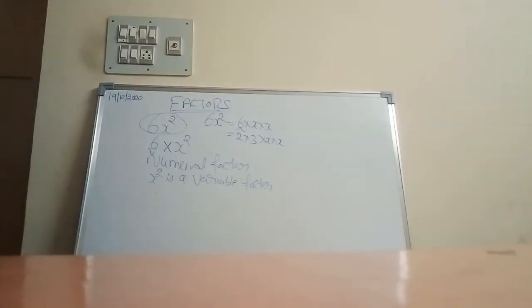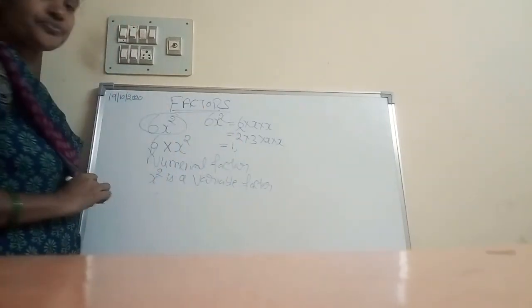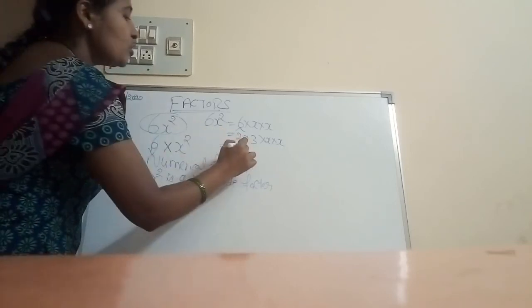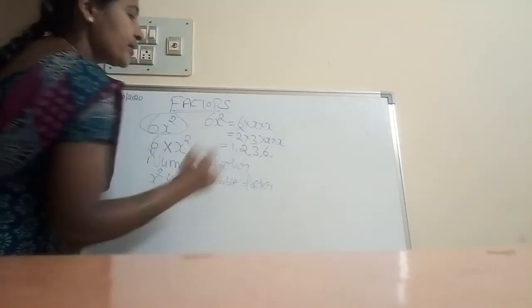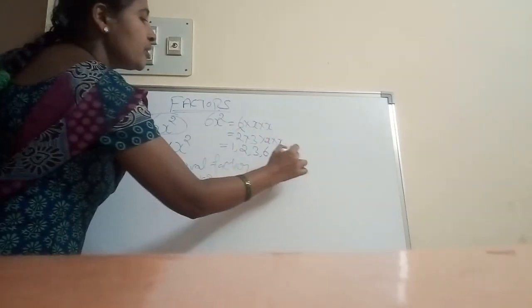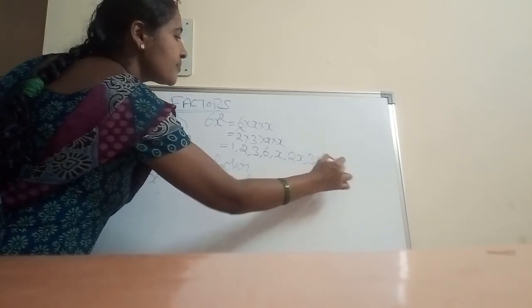Then other factors, we can write like this, children. 1 is also a factor because 1 times 6 is 6. Then 2 is a factor, 3 is a factor, 6 is a factor, x is a factor. Then 2x, 3x, 6x.